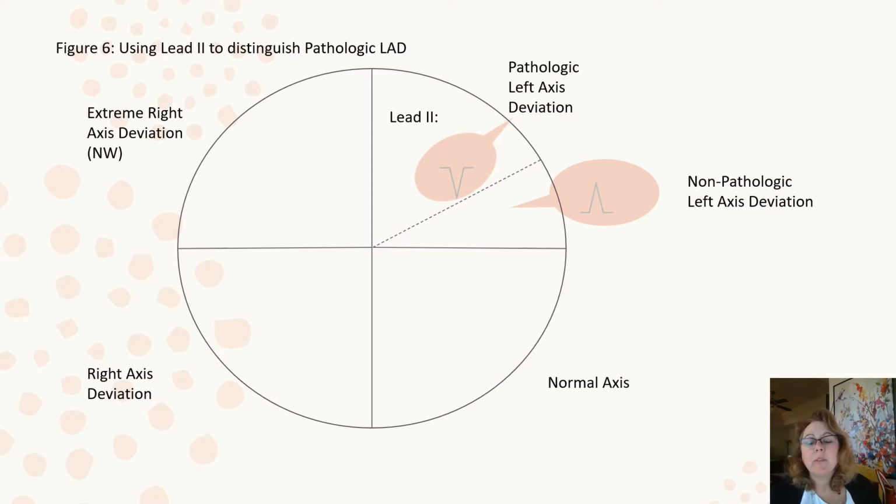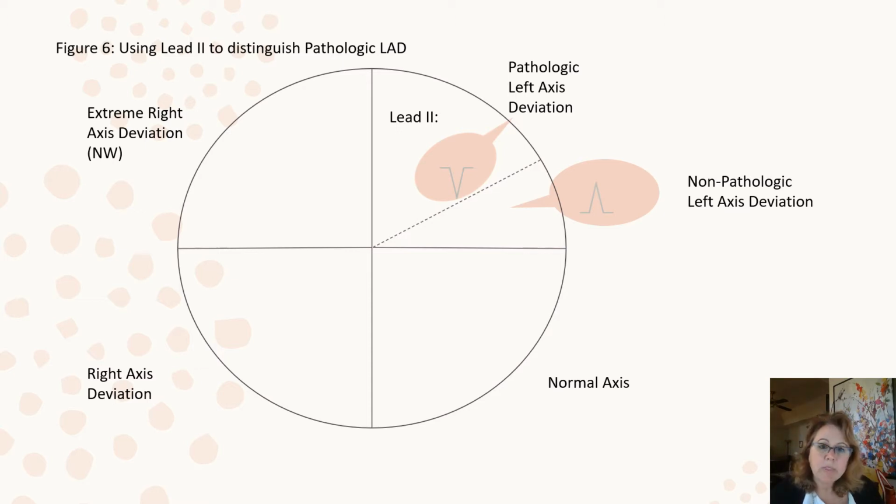Okay, and then we have a left axis deviation where lead 1 will be positive, that energy is coming towards it, but lead 3 will be negative. And then, of course, what we probably never are going to see in life, the extreme right axis deviation, also known as no man's land. Both lead 1 and lead 3 would be negative.